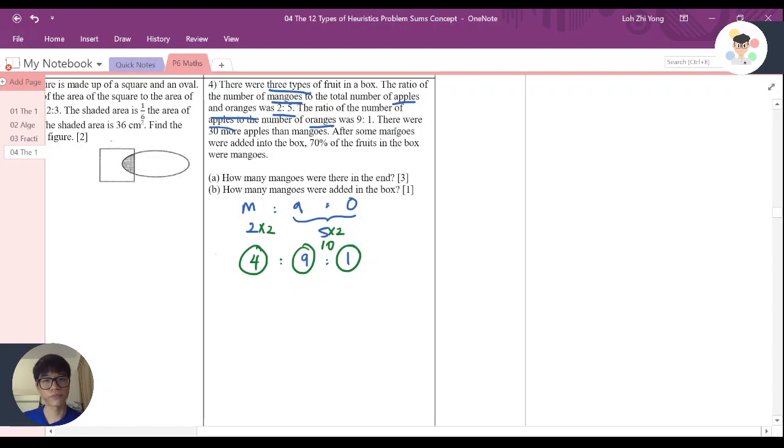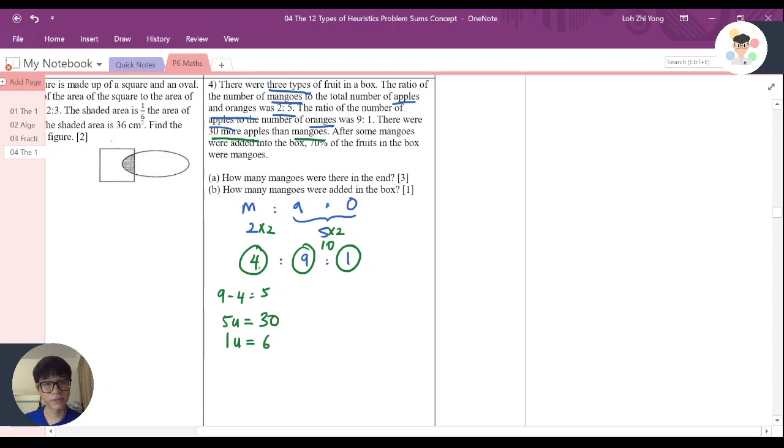Let's continue. There are 30 more apples than mangoes. So I know that 9 units minus 4 units is 5 units, and that 5 units is equivalent to 30 apples. So 1 unit will be 6.